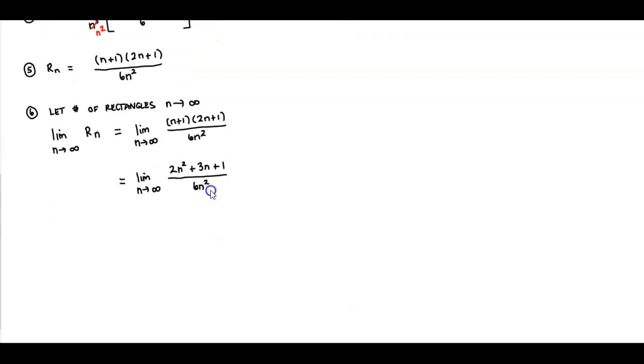Okay, so the highest degree in the denominator is n squared, so that means that we're going to multiply the numerator and the denominator by 1 over n squared. So we take the limit as n approaches infinity of 2n squared divided by n squared plus 3n divided by n squared plus 1 divided by n squared, and in the denominator we have 6n squared divided by n squared.